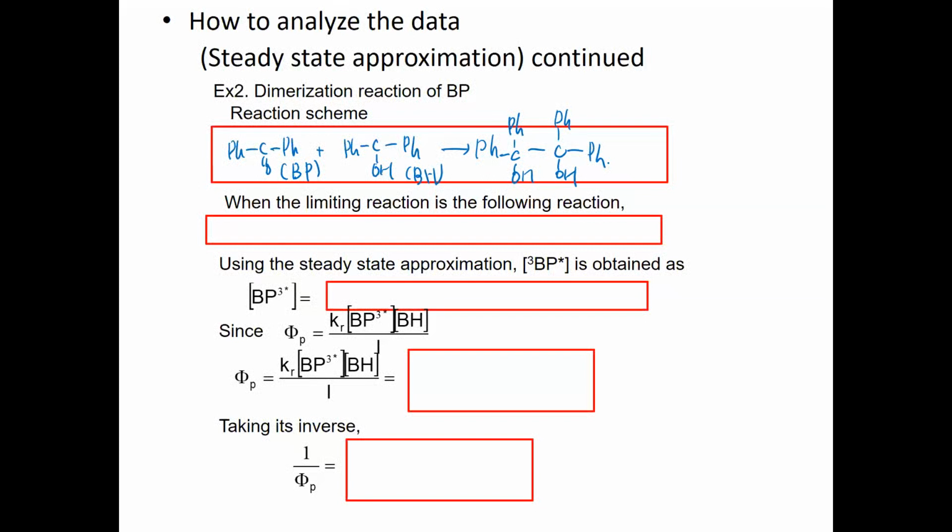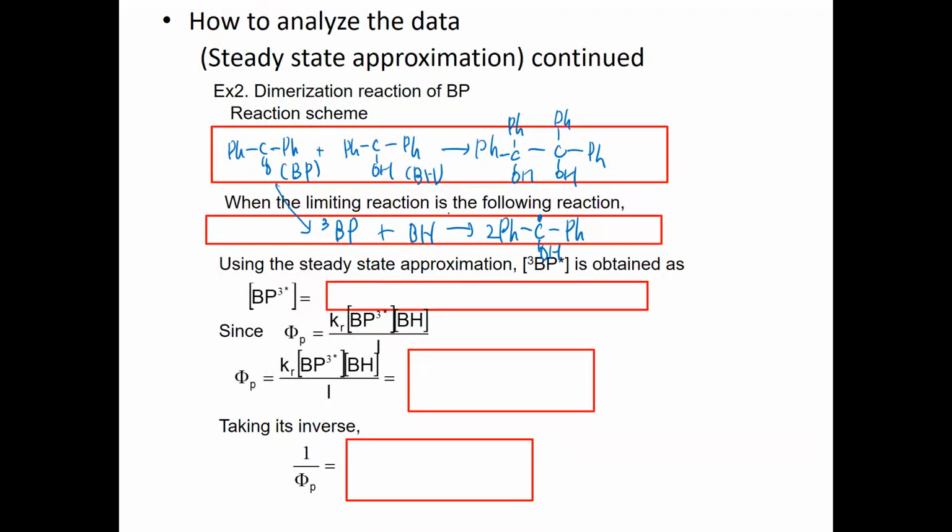And in this reaction, the limiting process is that this one is initially excited to the triplet state and reacts with BH, generating two radical species by reduction.